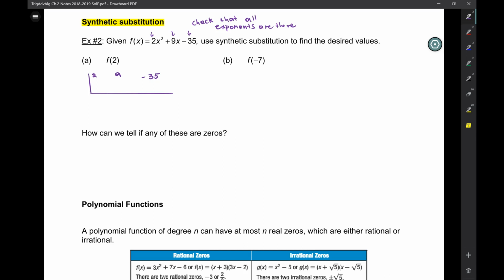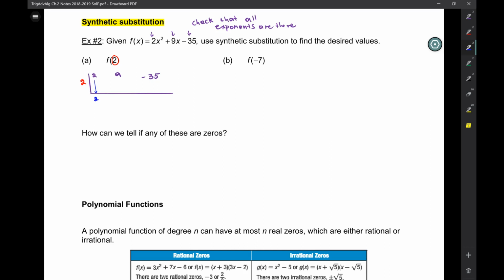All right. Now, outside, I put this number 2. Okay? Now, here's how we're going to do it. This first number comes down for free. Just comes down. Now, whatever makes it down to this bottom row gets multiplied by the number out here.